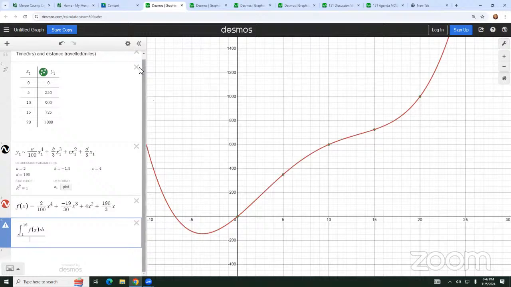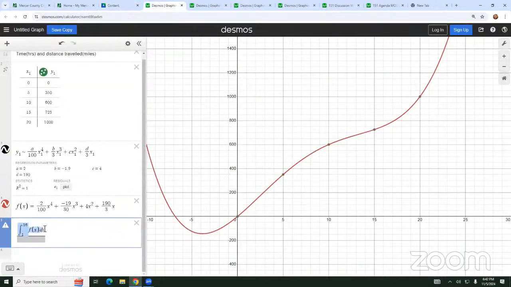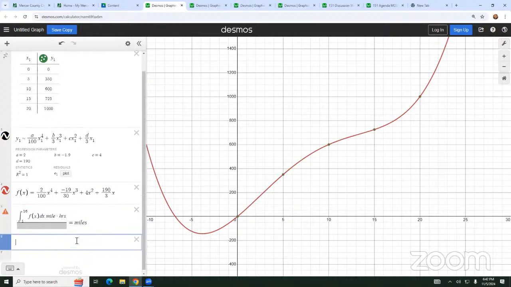We're looking for the average distance. So this is an average value. So I found this right here, which is going to be in mile hours. So in order to get an average distance in miles, I have to divide it by hours.